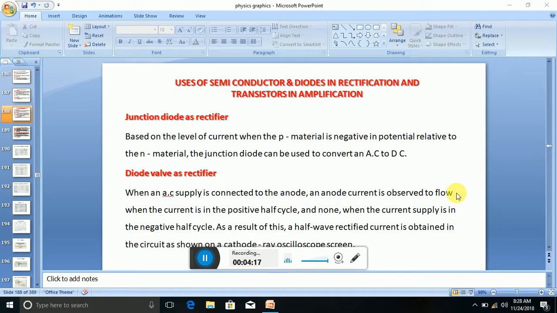As a result of this, a half-wave rectified current is obtained in the circuit, as shown on a cathode ray oscilloscope screen. So that is the diode valve rectifier.